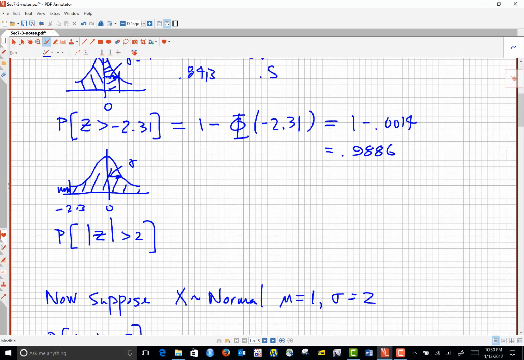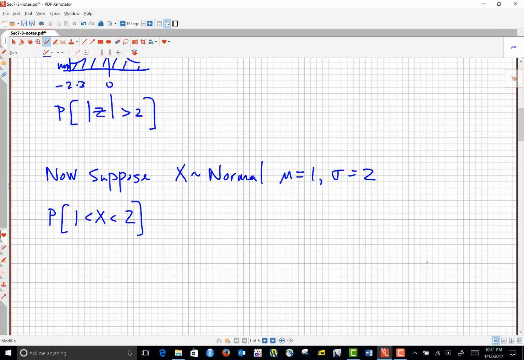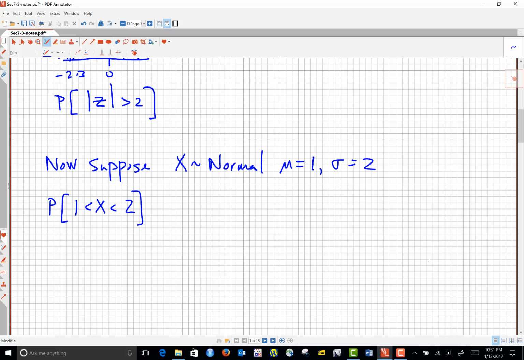To change the setup a bit, I could ask what about some probabilities if the mean is 1 and the standard deviation is 2? For example, what's the probability that x is between 1 and 2? Pictorially, I've got a normal distribution.